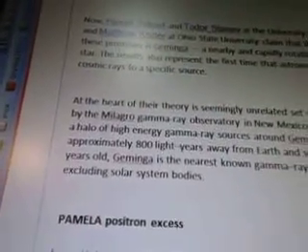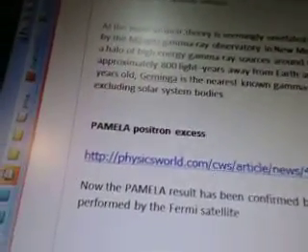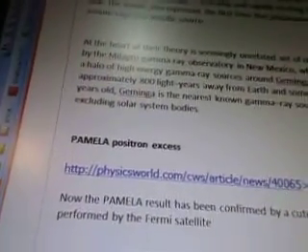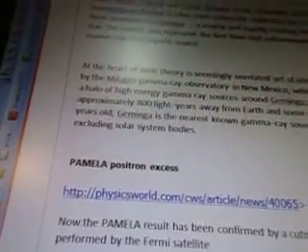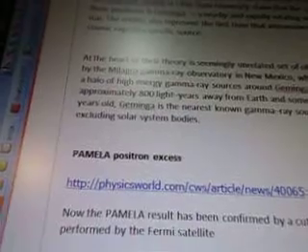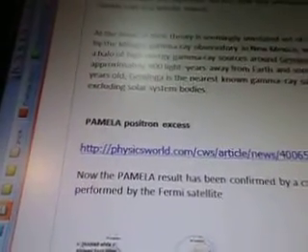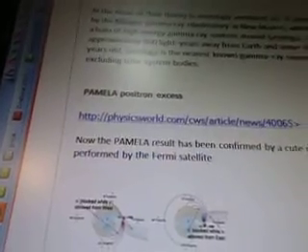At the heart of their theory is a seemingly unrelated set of observations by the Milagro Gamma Ray Observatory in New Mexico, which has seen a halo of high-energy gamma ray sources around Geminga. Located approximately 800 light-years away from Earth and some 300,000 years old, Geminga is the nearest known gamma ray source to Earth, excluding solar system bodies. So that's the Pamela positron excess, from physicsworld.com.